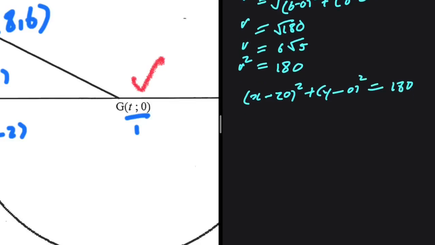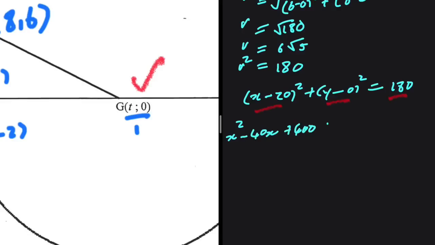Okay, so now what we need to do here is just to solve all this and take 180 to the left hand side, and then we're going to have the equation of our circle in the form we are required to have it in. That is going to be x squared, x multiplied by minus 20, that is minus 20. You multiply that by 2, you get minus 40x. Minus 20 multiplied by minus 20, that is plus 400.